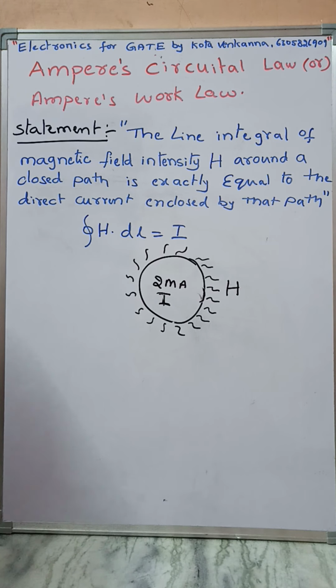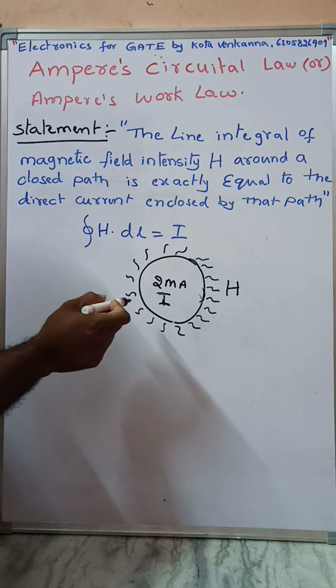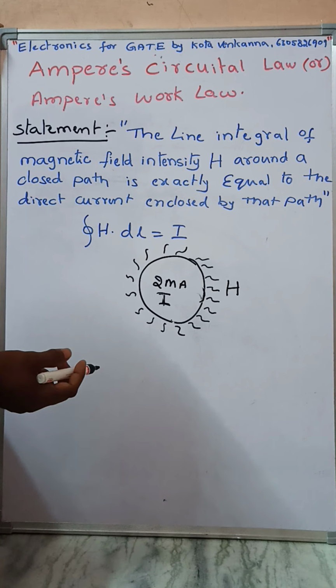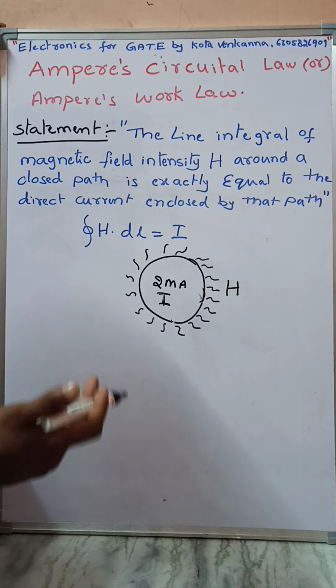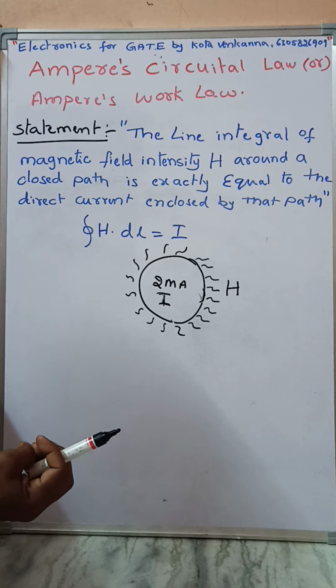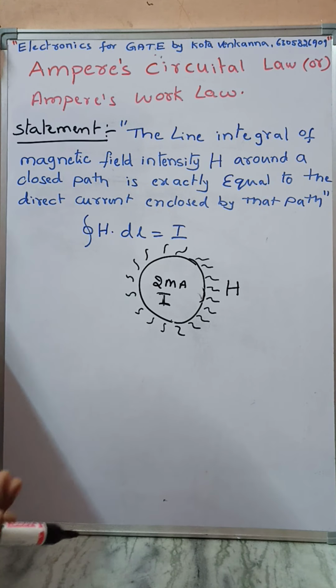Here, who is producing the magnetic field? The current can produce it. If the current is large, it can produce a large amount of magnetic field. If the current is small, then the production of magnetic field is small.